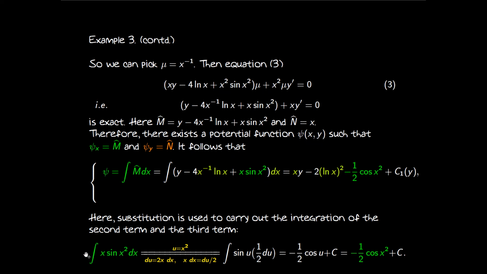Therefore, the original integration with respect to x can be written as an integration of a u function, right? So you're going to get sine u and you get half of du. And its antiderivative is going to be just negative half of cosine u, which is negative half of cosine x squared. So that's why you see the last term's antiderivative is going to be this.